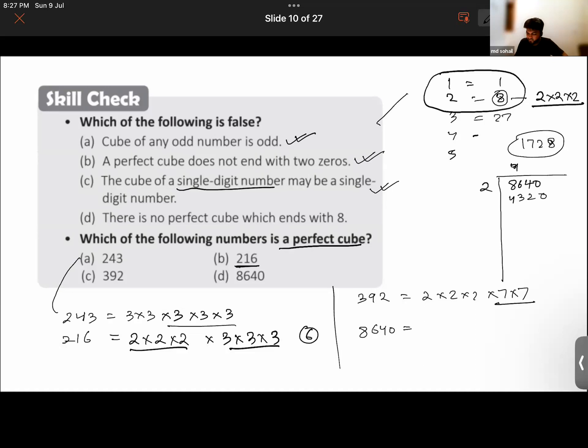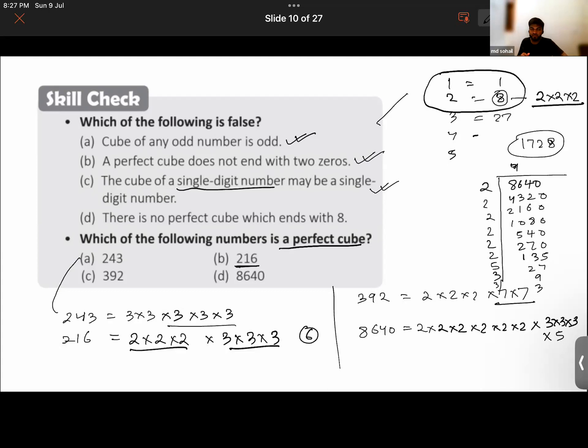So you are getting its prime factorization like this: 2 multiplied 2 times 3 times, and then 3 again, a pair of 3, and there's 5 of them.